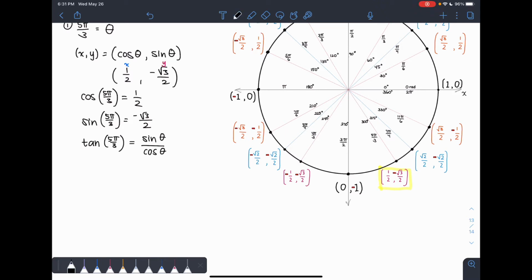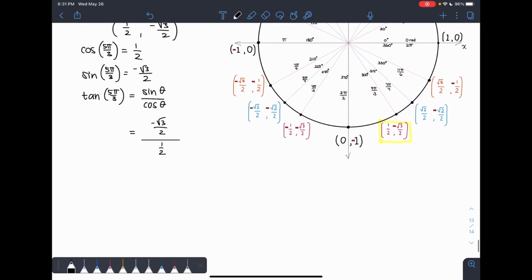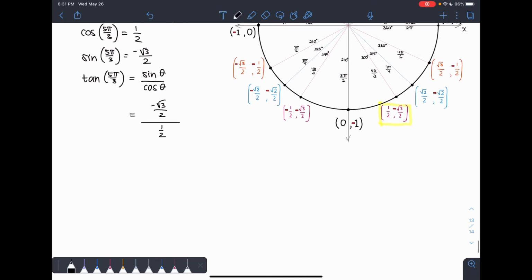Now we're just going to compute. So sine of theta is negative root 3 over 2. And we're going to divide this by cosine of theta, which is 1/2.